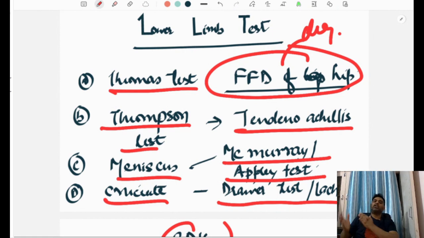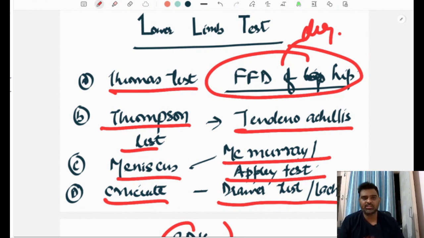So he will completely flex at the hip joint. And if the left lower limb does not touch the ground, comes off the ground, or if there is a lateral rotation in the lower limb, that means this patient has a fixed flexion deformity of the hip. But please know, an obese patient can have a false positive. So this Thomas test can be false positive in an obese patient. I will show you with the help of a diagram.